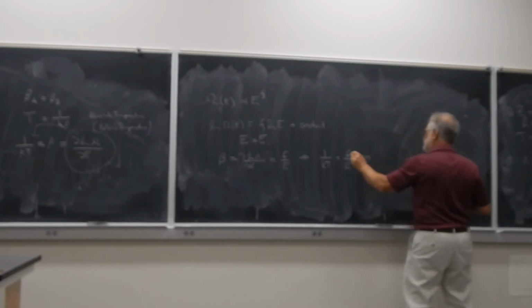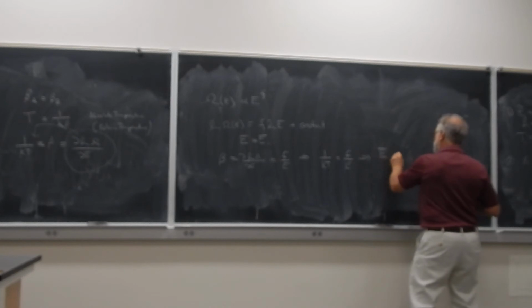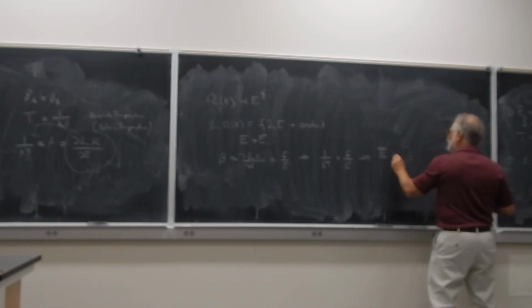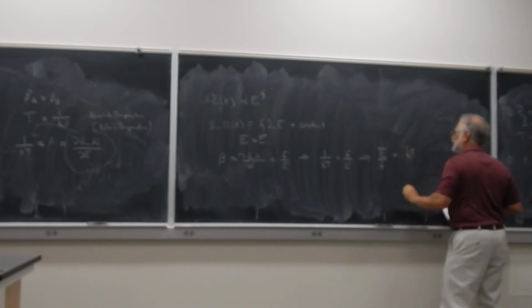Or we can twist this all around and say that the mean energy of a system divided by the number of degrees of freedom is equal to kT.